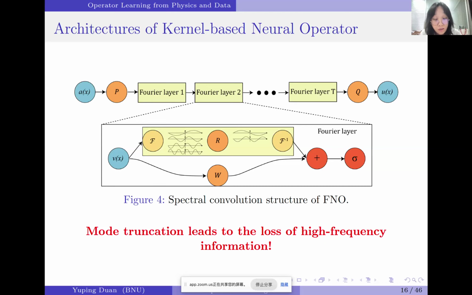For efficiency, only a limited number of Fourier modes are usually retained. Therefore, the mode truncation may lead to the loss of high-frequency information, which is also one motivation of our SINO.